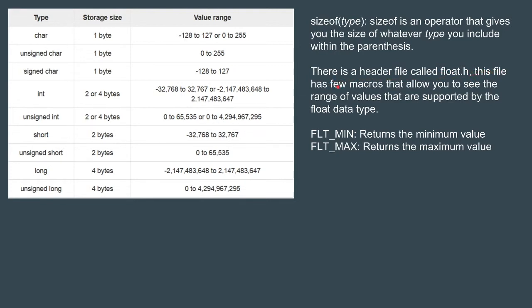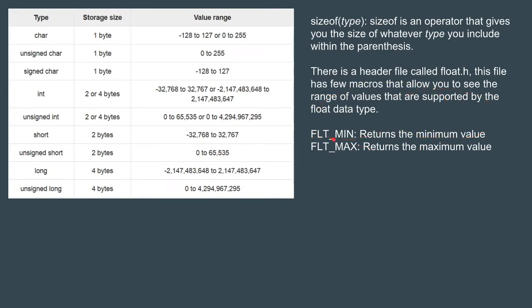This file has a few macros that allow you to see the range of values that are supported by the float data type. We will study macros and details later on, but over here what is said is there is a header file named float.h, and it contains a few macros which can return the minimum and maximum value of that particular data type.